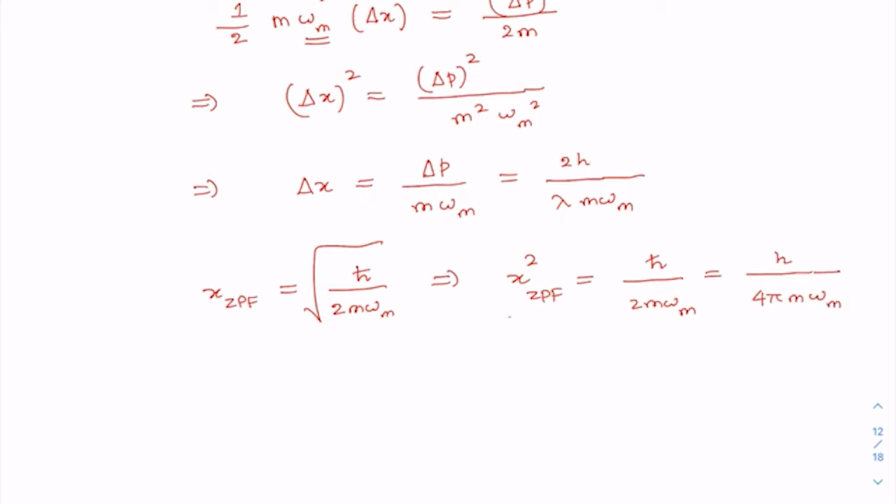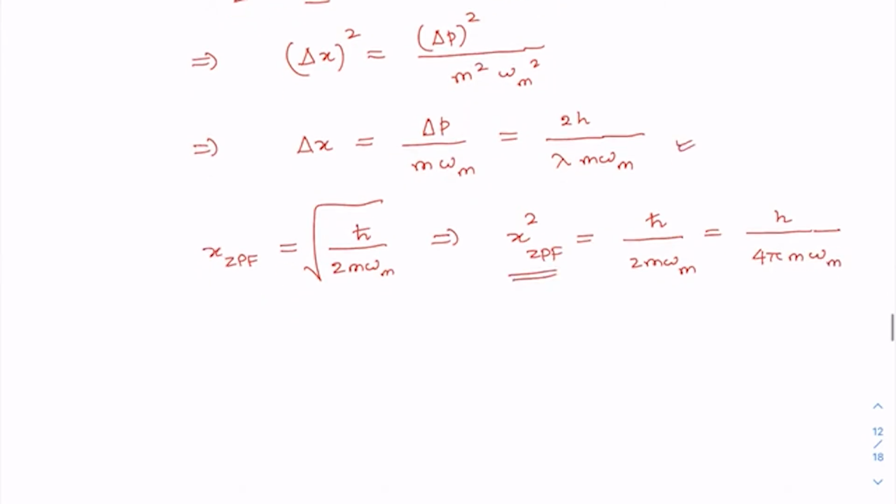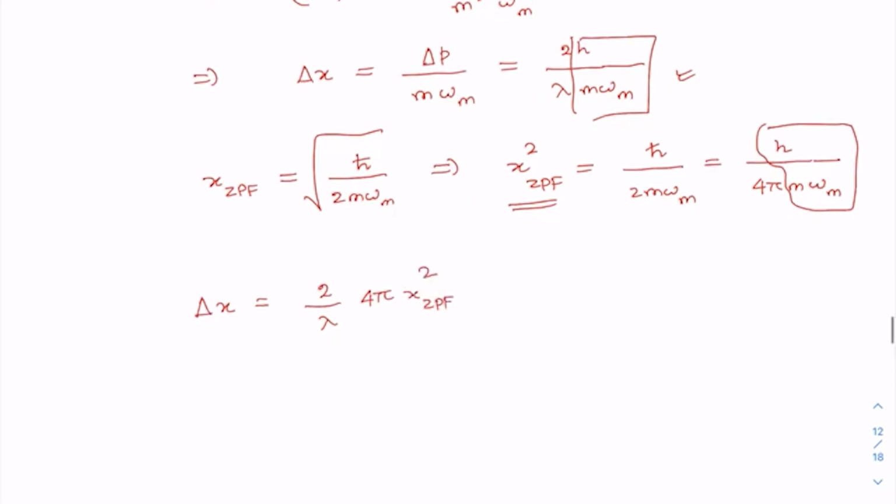So this equation I can utilize here. I can write delta x is equal to 2 by lambda, this part I can replace by h cross, and this one I can replace by 4 pi times the zero-point fluctuation square. Or I can write the ratio of the displacement with respect to the zero-point fluctuation, delta x divided by x zero-point fluctuation, that would be equal to 2 by lambda.